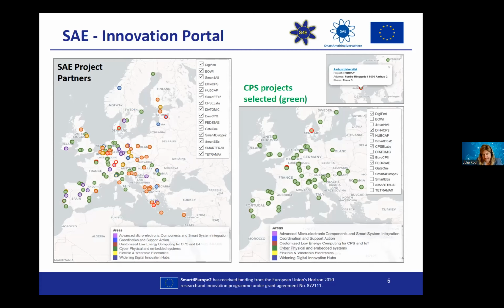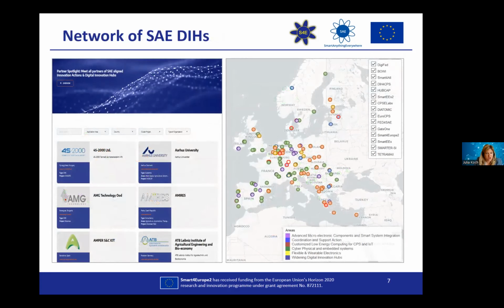And then if you select the DIH itself, it tells you where exactly it is located and also how to contact them. Also, you have the project partners in alphabetic order. You can search by country or type of organization. So for example, university, but also RTOs or research and technology organizations, such as Hans Schicker, this one, but also SMEs that are involved in one of the projects.